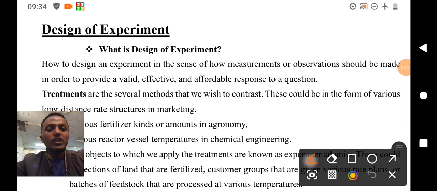So here, the basic thing is, what is our question? Our question is about our problem that motivated us to conduct research. So we have to understand a valid, effective response to a specific problem.